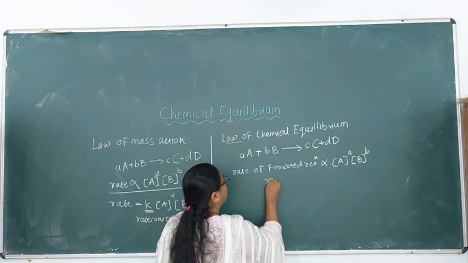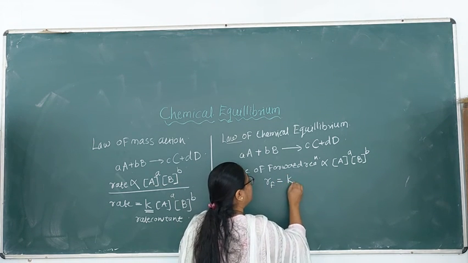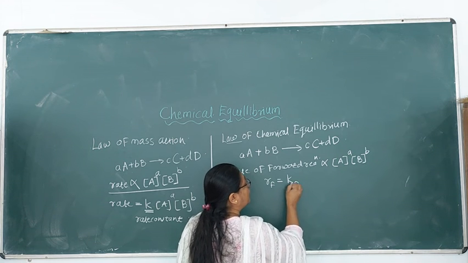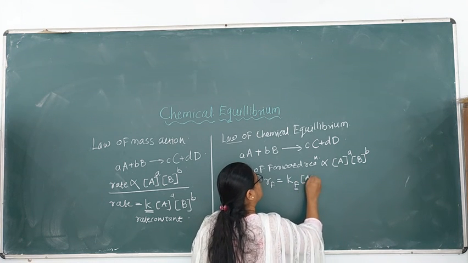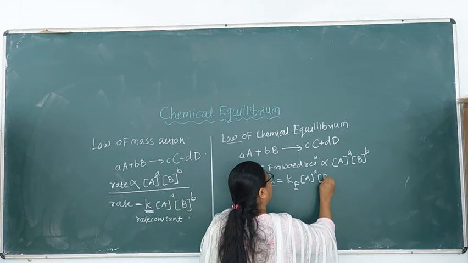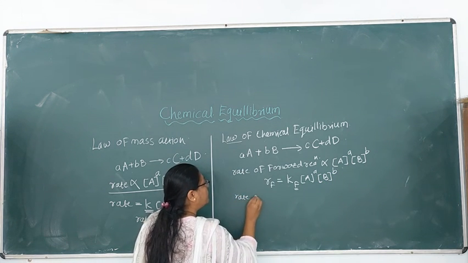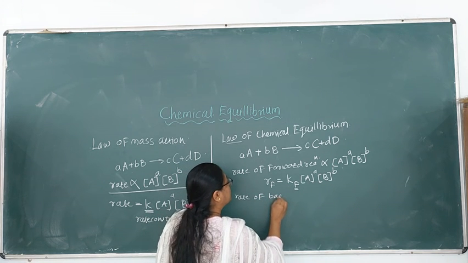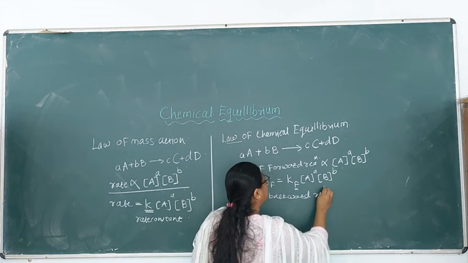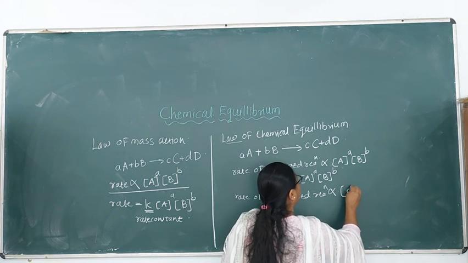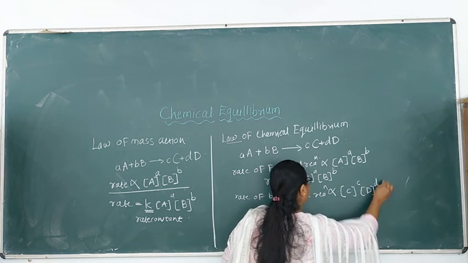And therefore, we can write this as Rf, which is equal to Kf, the rate constant for the forward reaction, hence f for forward reaction, times the concentration of A raised to a, times the concentration of B raised to b. The rate of the backward reaction, according to the law of mass action, will be proportional to C raised to c and D raised to d.